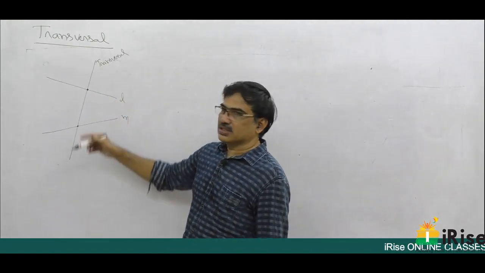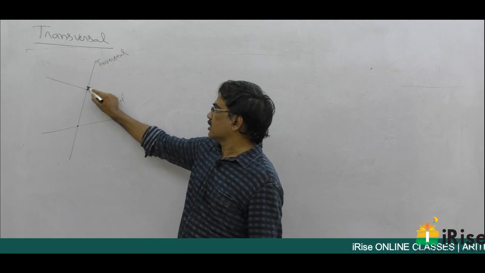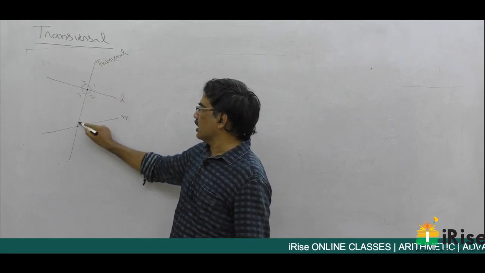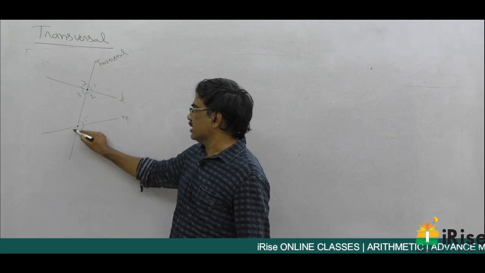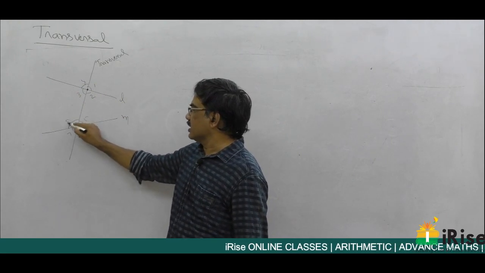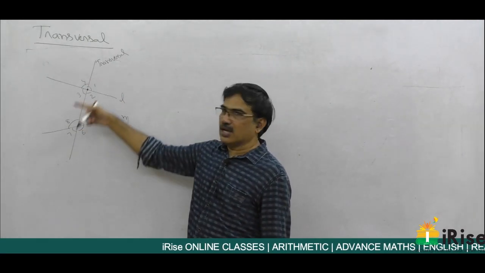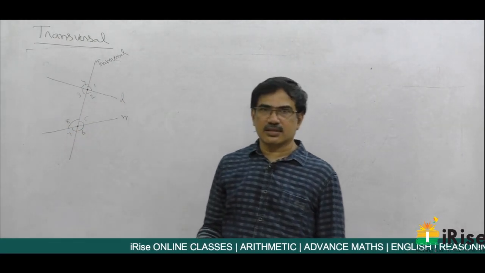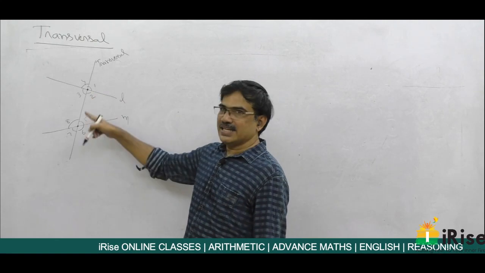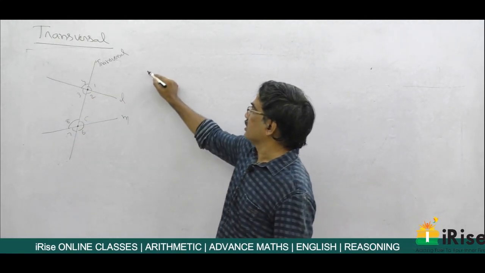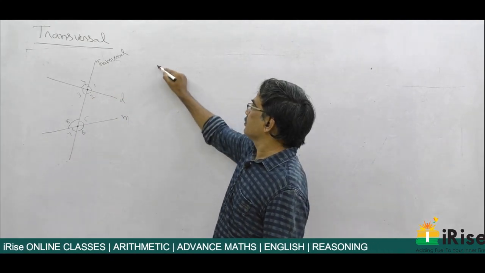A transversal gives 8 angles: angle 1, angle 2, angle 3, angle 4, angle 5, angle 6, angle 7, angle 8. At these two junctions we have 8 angles. These 8 angles are divided into different pairs of angles.